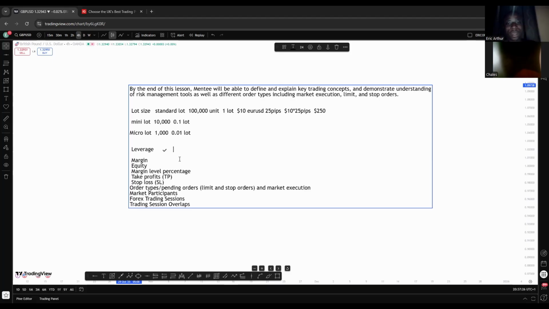Okay. So I think with leverage, I don't know the exact definition for it, but I can give a scenario. Okay, give a scenario.